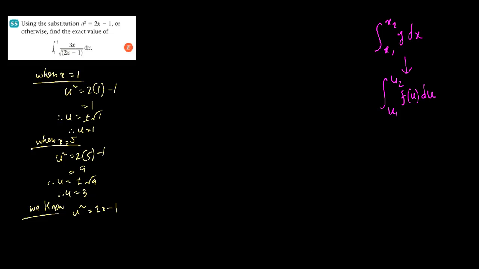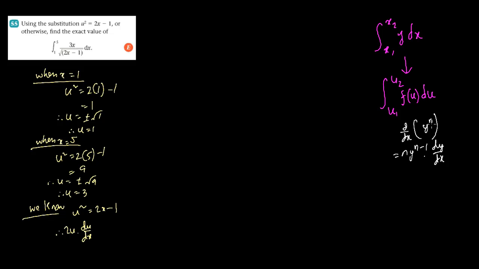Implicit differentiation, for example, when you have d by dx of y to the power n, the implicit differentiation would be n y to the power n minus 1, again dy by dx. That's the implicit differentiation for this particular sum. So derivative of u squared would be 2u, and with this we will have du by dx.